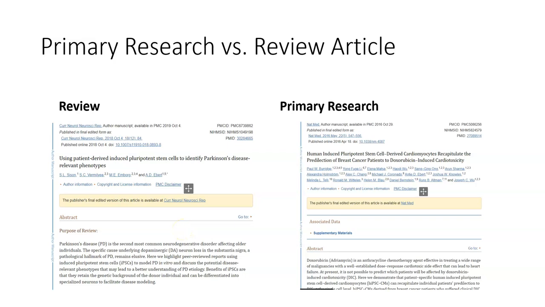A lot of times in these types of review articles, and this one clearly says purpose of the review, you can see that it's a review when you open up the PDF. I'll show you how I found this; you can find these pretty easily on PubMed. But sometimes it's harder to identify, depending on the database. Most of the ways you can identify review articles are if there is no research done in that paper.